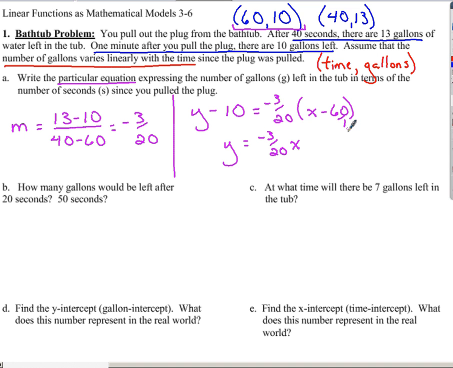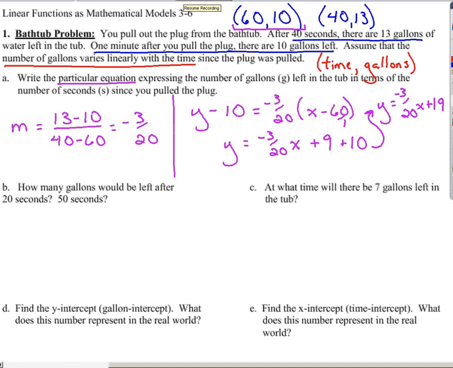Negative times negative, so positive 9. I'm adding this 10 over, right? So ultimately, if I wanted to create a function here, have an answer in slope-intercept form, it'd be y equals negative 3/20 x plus 19. That gets us started with an equation.